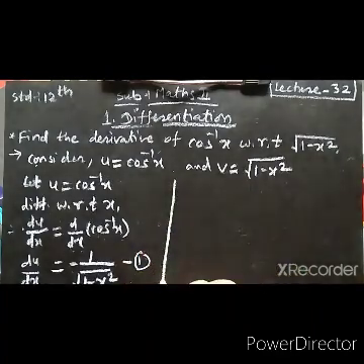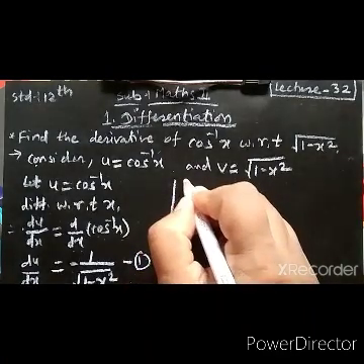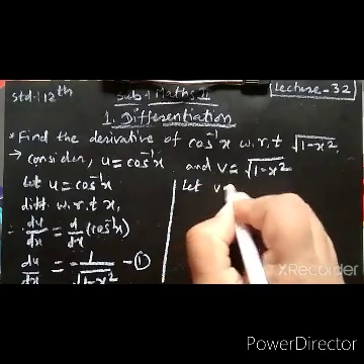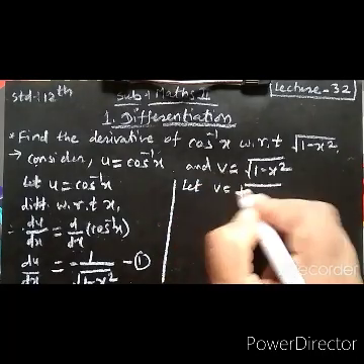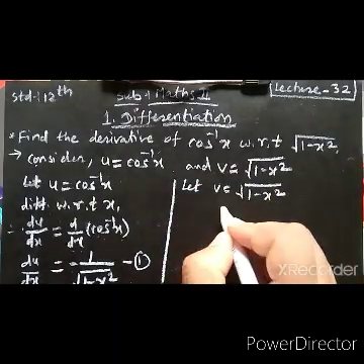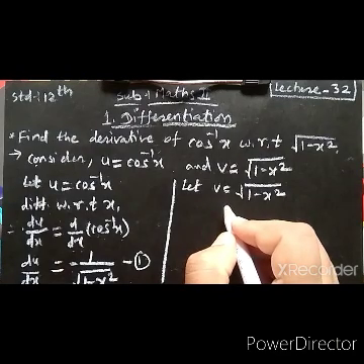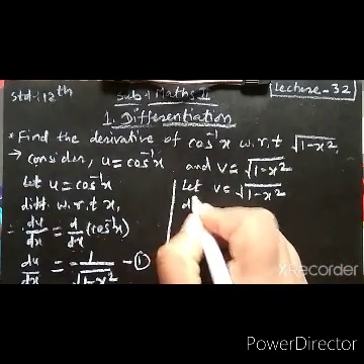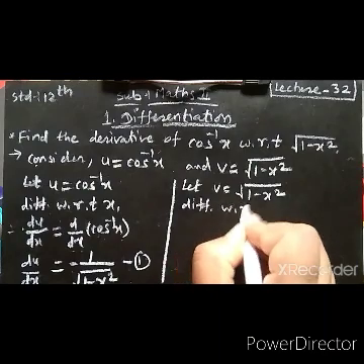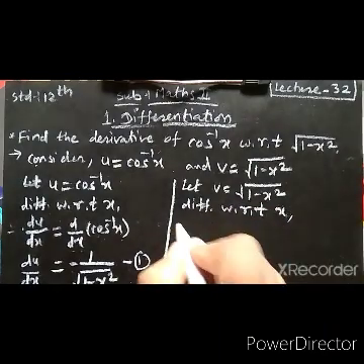Now consider or let v is equal to root 1 minus x square. Again here v is a differentiable function of x. Therefore, differentiate with respect to x.